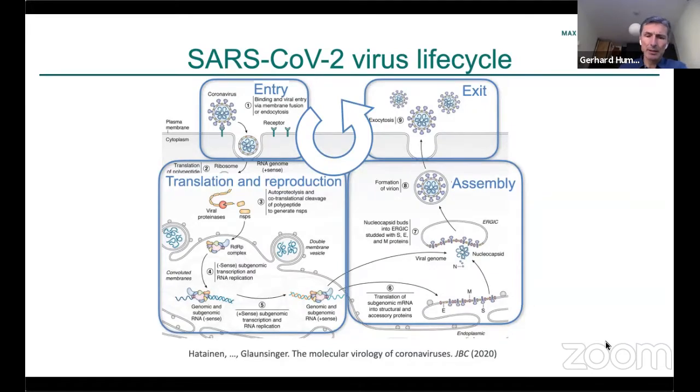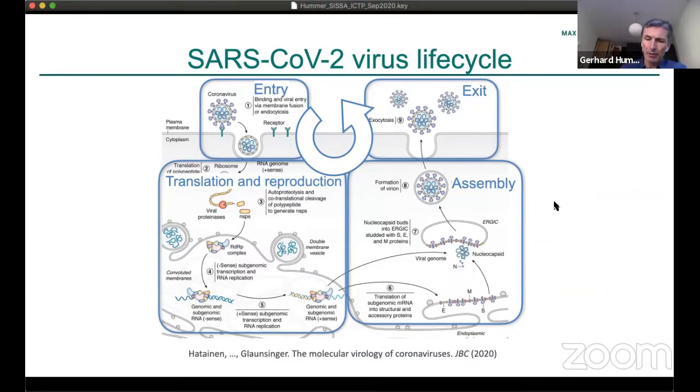As you can see, this is a pretty complicated life cycle that can be, however, divided into a few key steps. The first one is the key part of the infection, the entry of the virus into the cell. When it establishes itself, it leads to the translation of its genome and the viral reproduction.